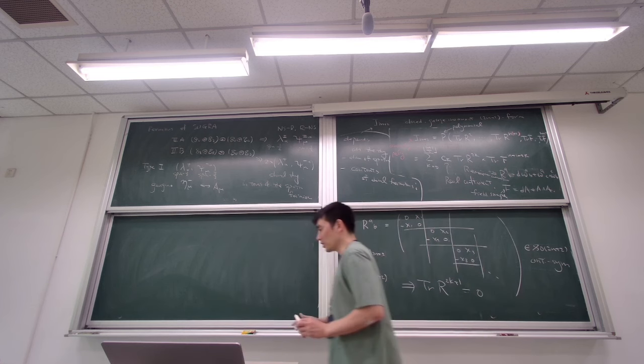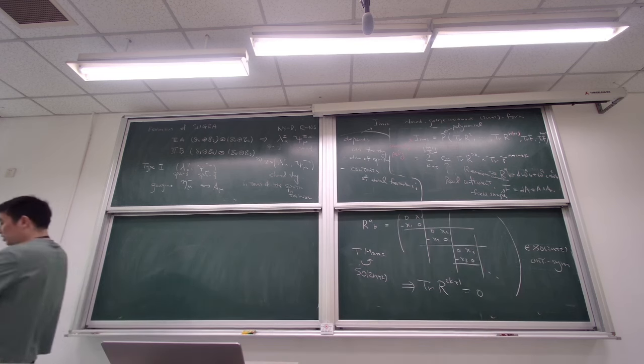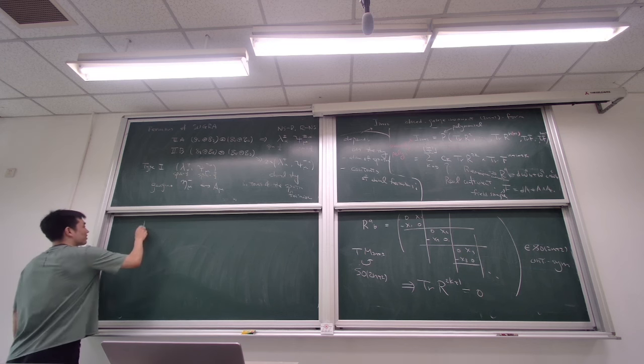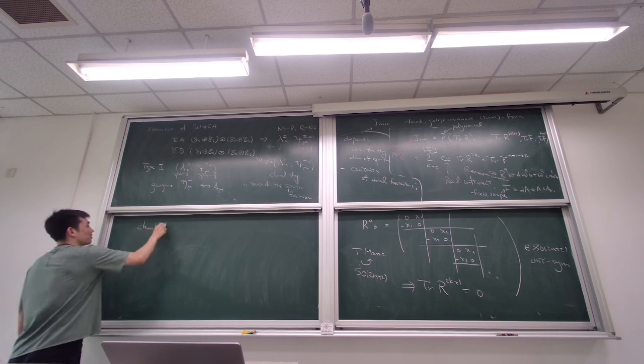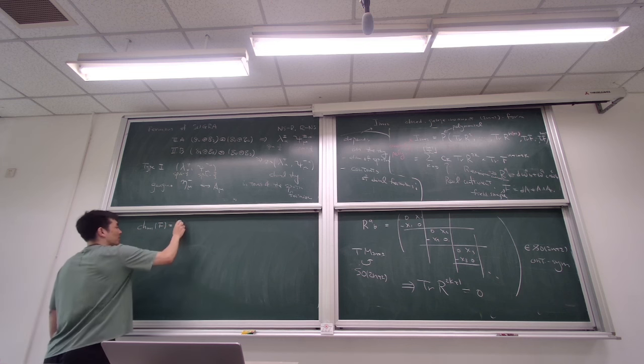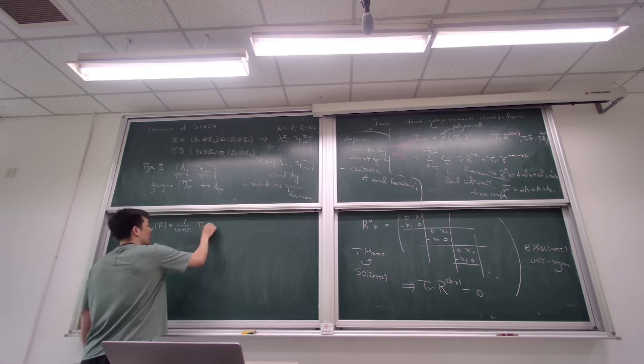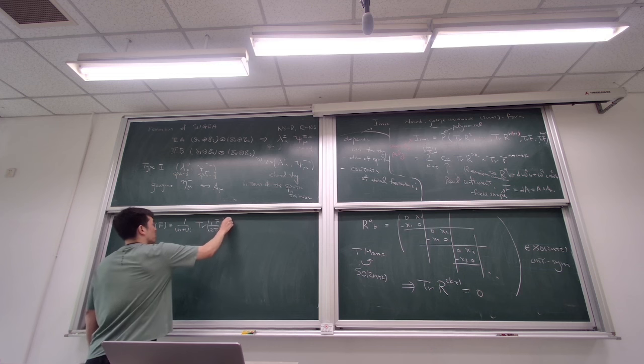But I'm not going to go into the detail of the index theorem. I just give you this. So we have the Chern character, 1 over n plus 1 factorial, trace of i times F over 2 pi to the n plus 1.